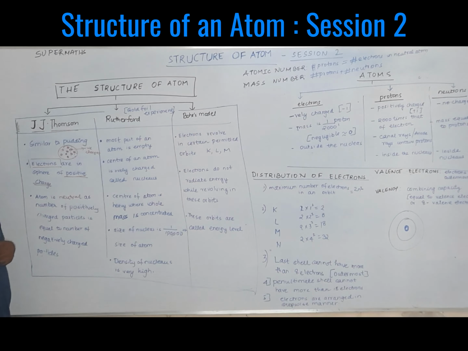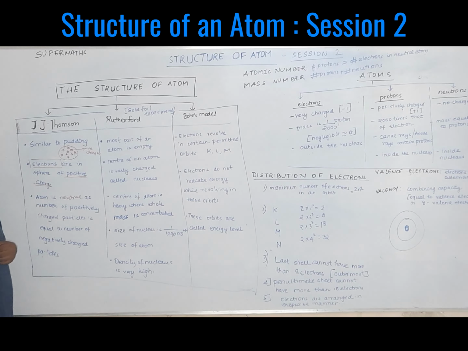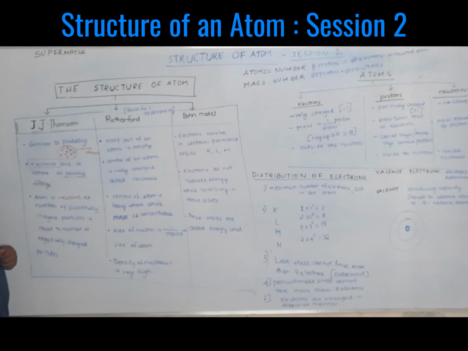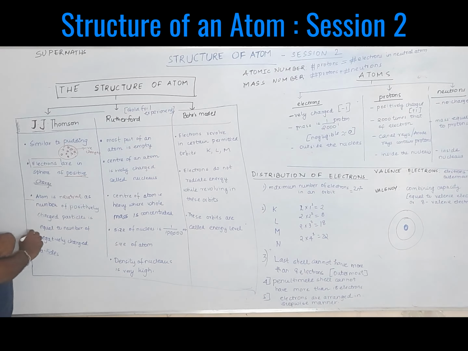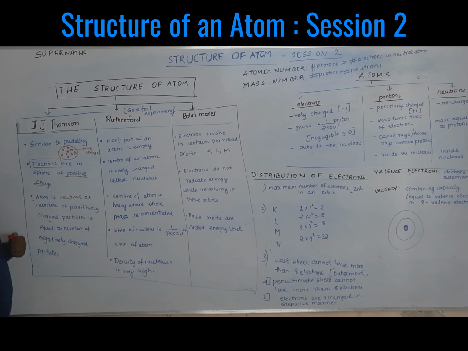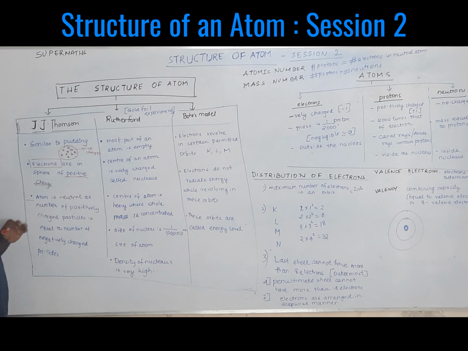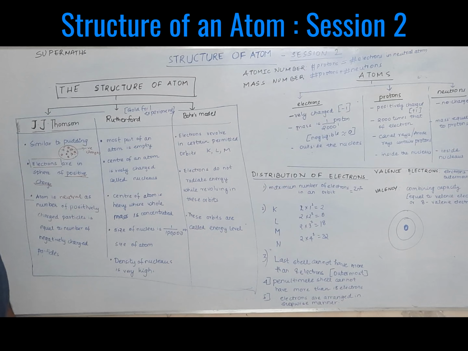That means the atom is electrically neutral, because the charge contained by the negative particles and the positive particles is the same. So you don't face any shock while touching an atom.